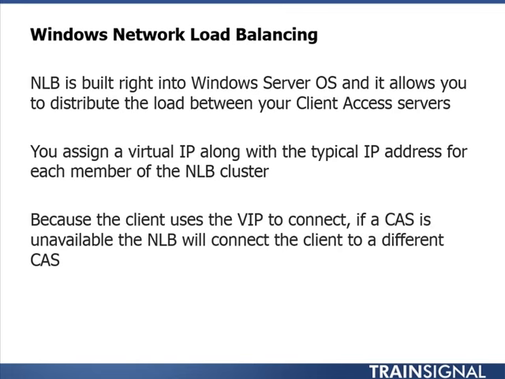Because the client uses the virtual IP to connect, if a client access server is unavailable, the network load balancer will connect the client to a different CAS. And again, because the authentication is still there, because there's no need for that affinity, the client will be none the wiser. So when a server failure occurs, the IP address will no longer respond, and therefore the load will be distributed between the servers that are still operating correctly.